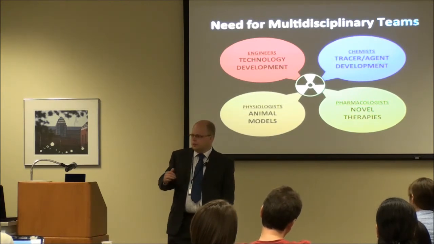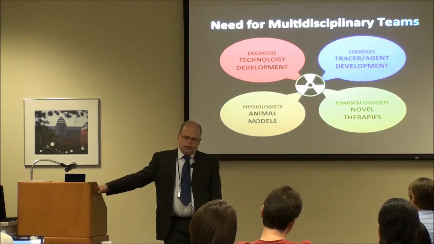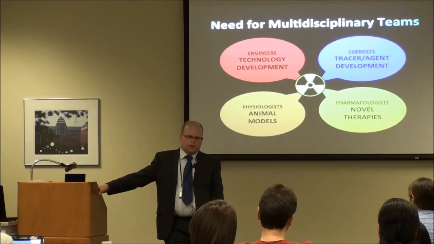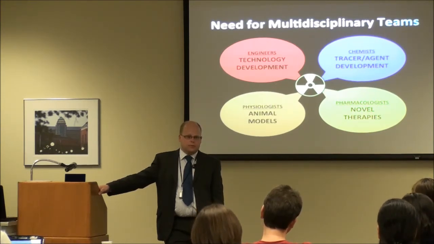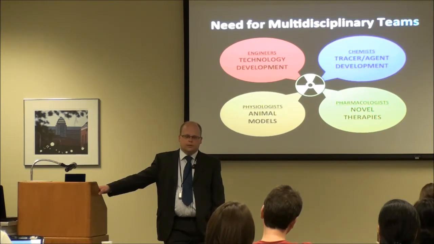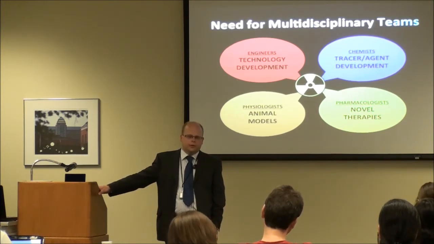I don't think it's a question of stability. I think it's a question of the imaging characteristics. The antibodies are very selective to the target of interest, much more than RGD, for example.